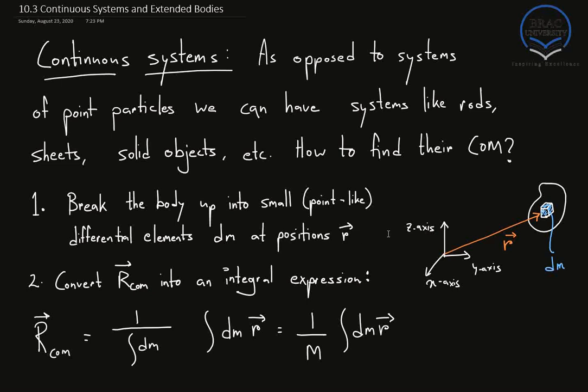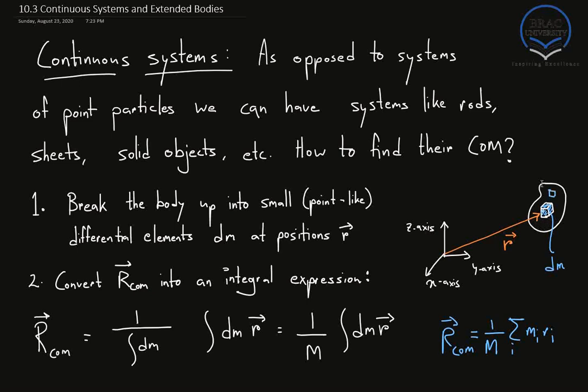We previously had this expression for RCOM, right? The position vector of the center of mass was 1 by total mass times the sum of m_i r_i. In this case, if we think of dm as those point-like differential elements, we want to add up these elements multiplied by the position vectors for all such elements along this object.